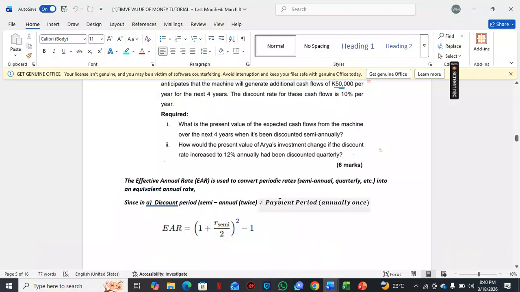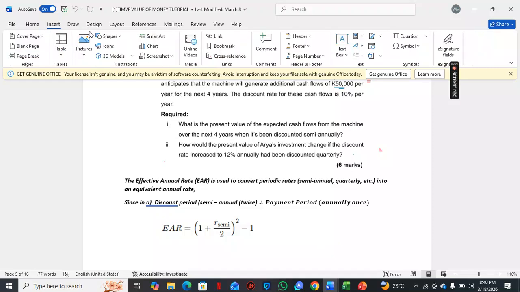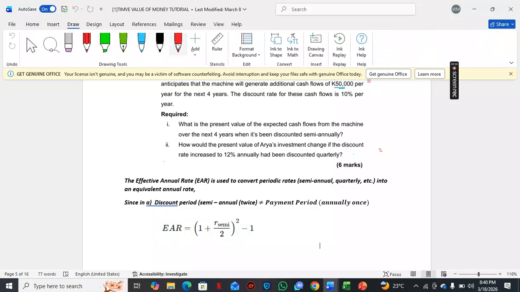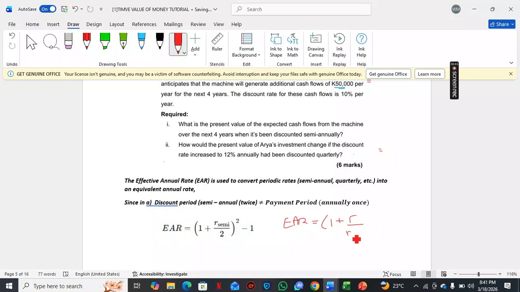So we need to equate the discount period and the payment period. The effective annual interest rate, this is the formula here: EAR equals 1 plus the rate over M, where M is the number of compoundings, all to the power M, minus 1.